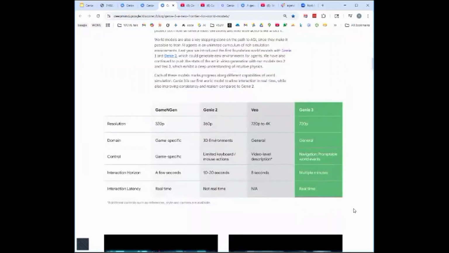They talk about the differences compared to other things. One question that came up for me is, okay, they've got Genie and they've got Veo, and what's that about? I think it's really exploring two different dimensions. With Genie, the issue is it's controllable and it's real time. That's the focus.